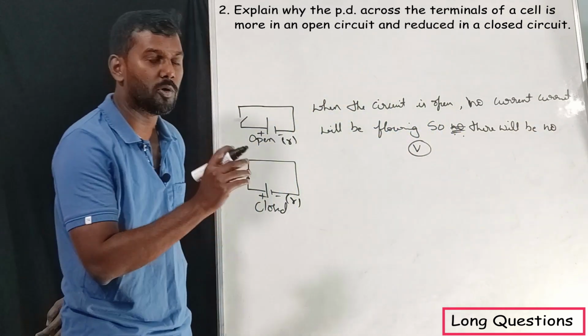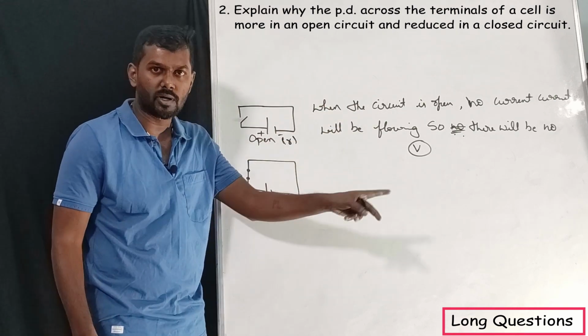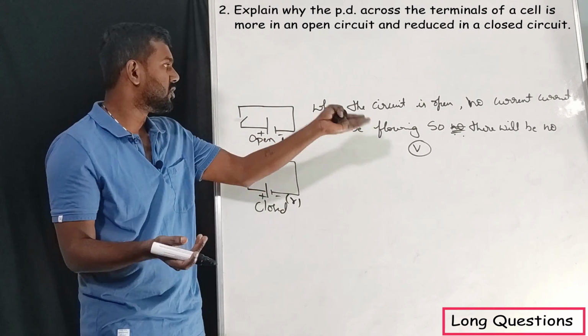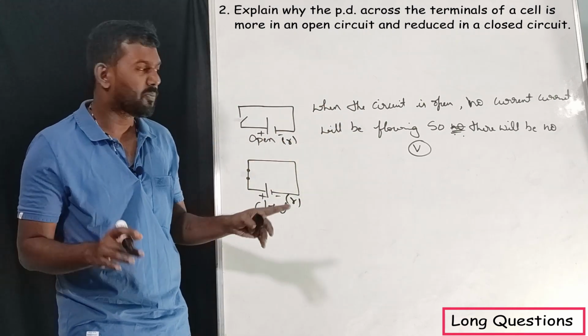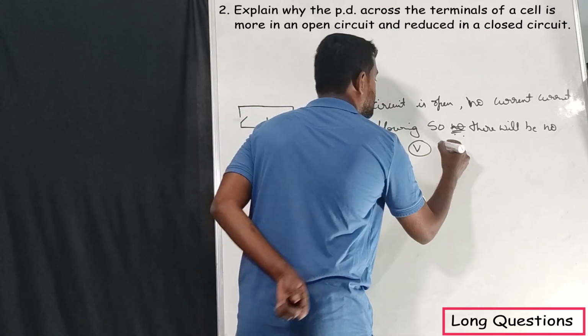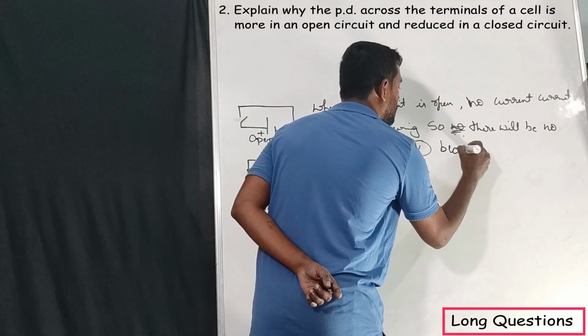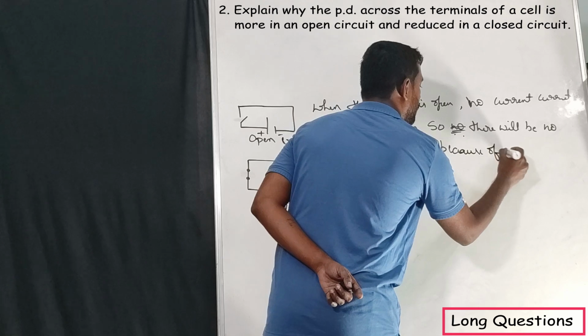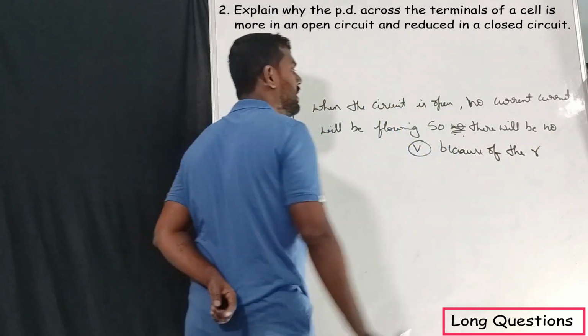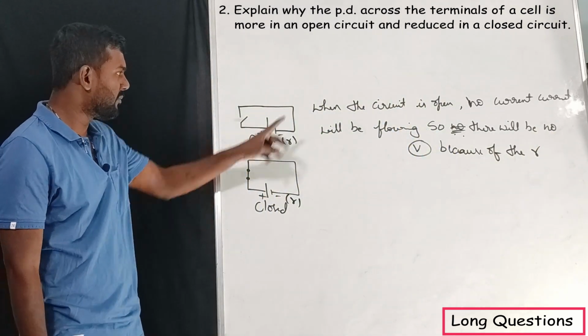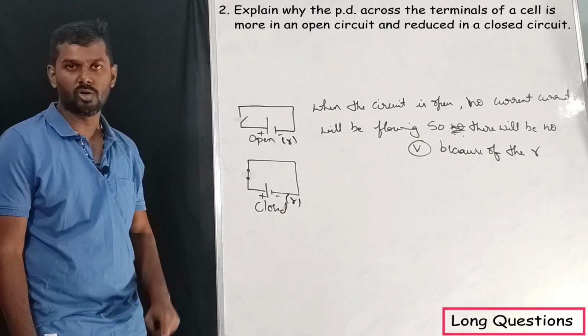What is small v? Voltage drop. When the circuit is open, no current will be flowing, so there will be no voltage drop because of the internal resistance.